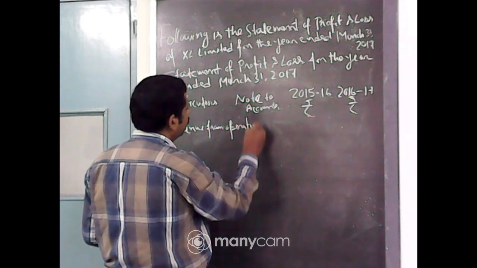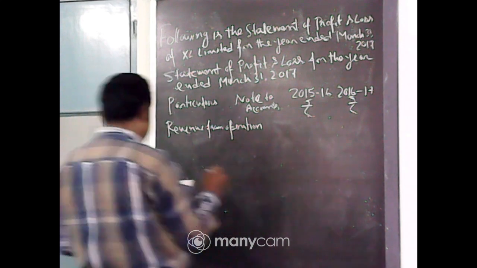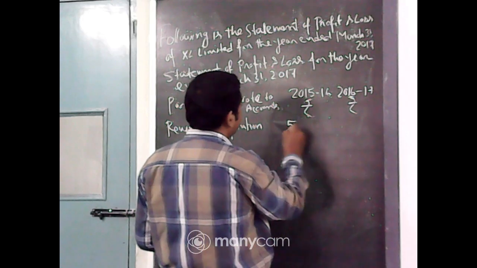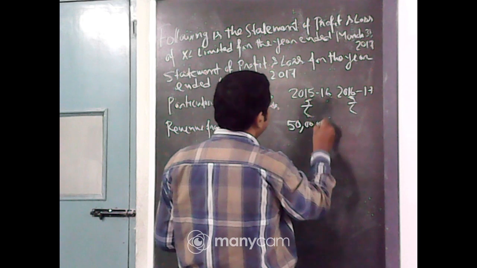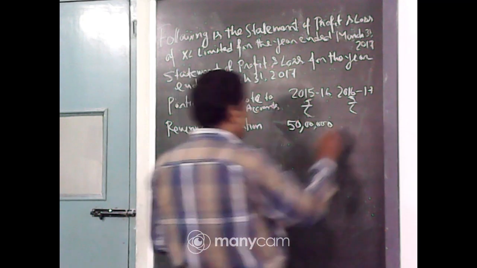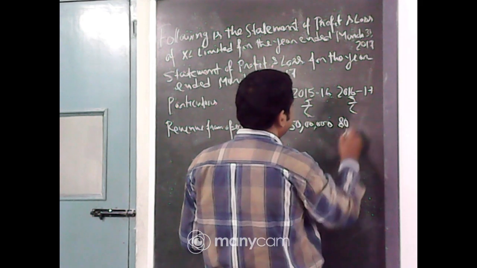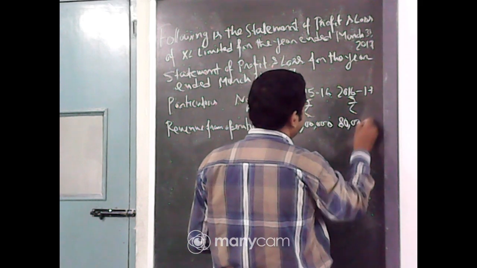There is no note to accounts, and the value in 2015-16, the previous year, is 50 lakh, and in the current year, 2016-17, it is 80 lakh.